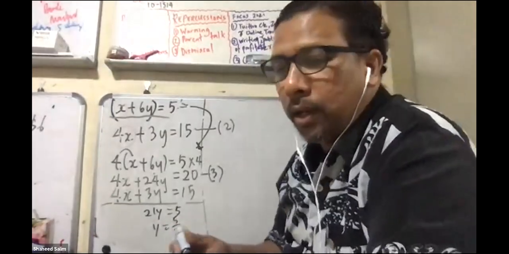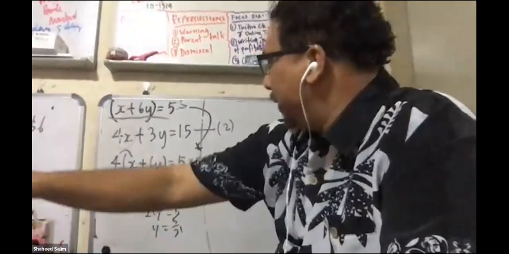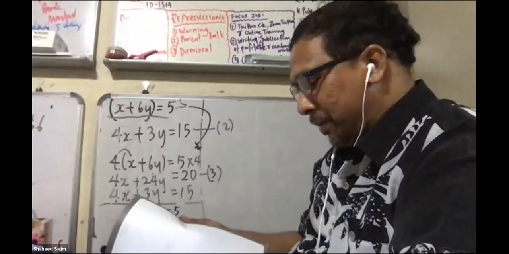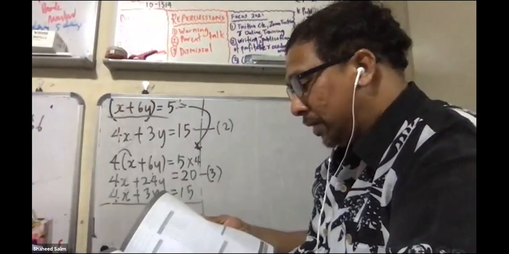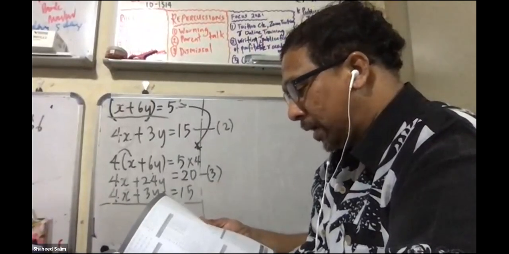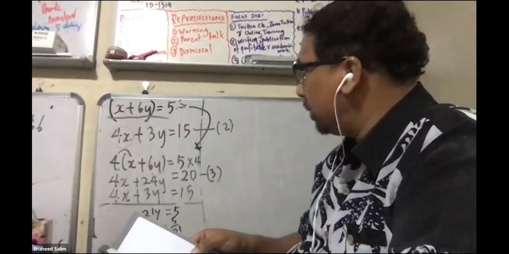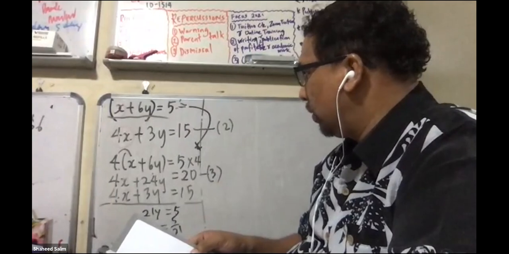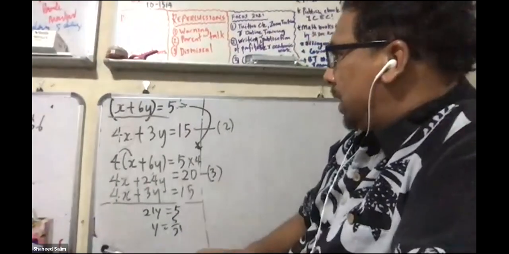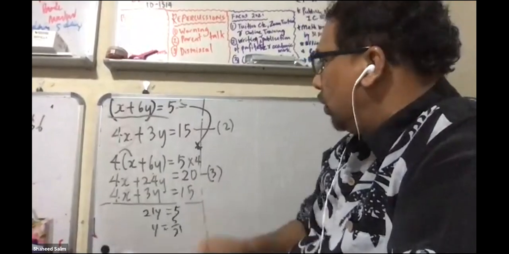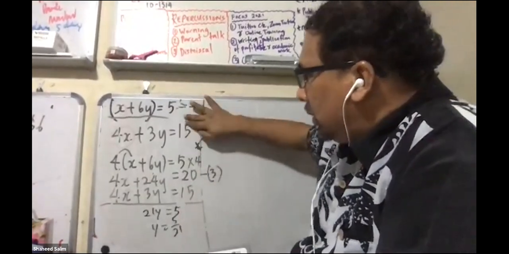Let me just check whether this is the correct answer. 6 times 4, 24. Hold on. Sometimes I'm just afraid it's the wrong one. Something is wrong. Okay, let me check where's my mistake. Times 4. Oh, not 15, it's 13.